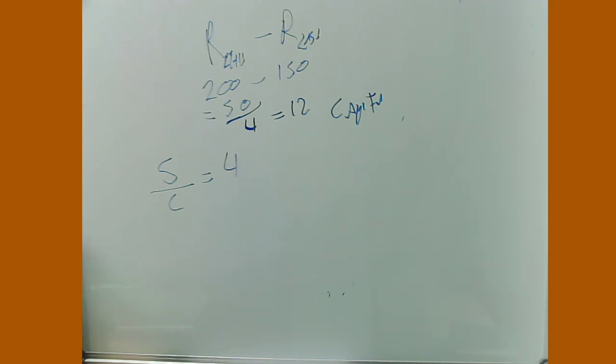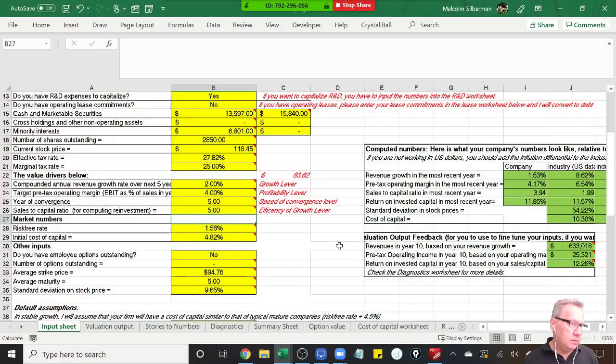So if I make this 5, I think that number should go up. It went up $1. Firstly, I copied the actual value into the cell with the formula.